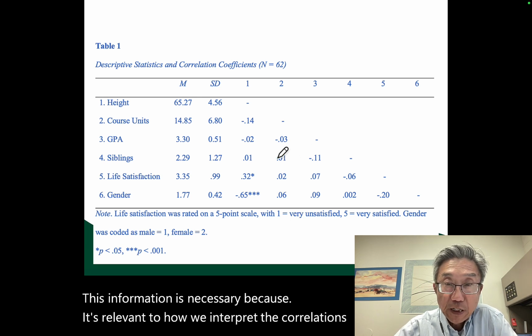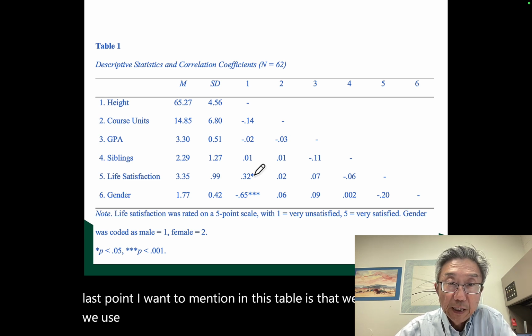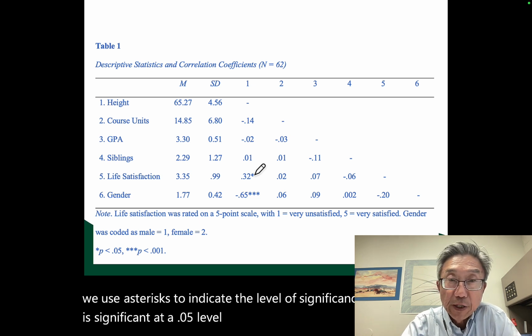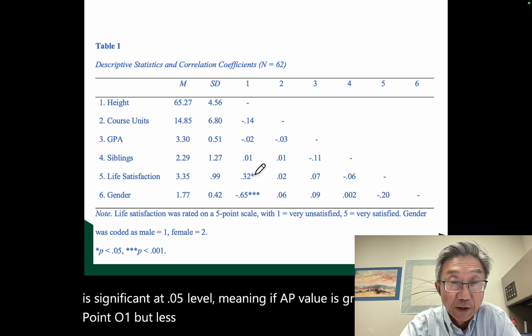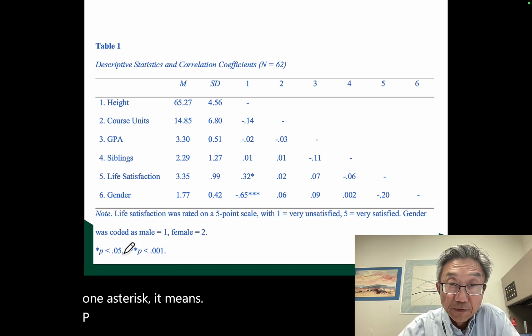And finally, the last point I want to mention in this table is that by convention, we use asterisks to indicate the level of significance. If a correlation is significant at the 0.05 level, meaning the p-value is greater than 0.01 but less than 0.05, we use one asterisk. So if you see one asterisk, it means p is less than 0.05.